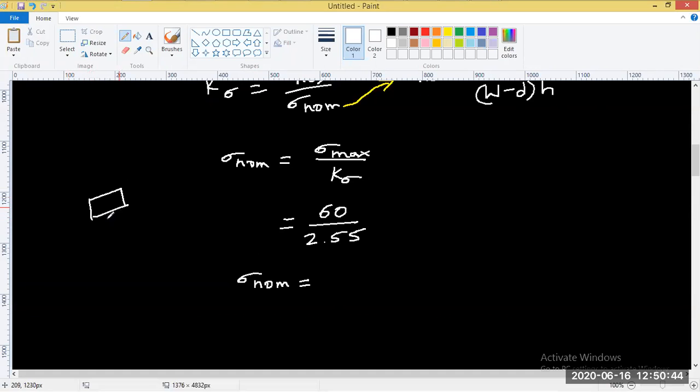So I have my hole like this, and this is the cut portion of the plate. What stress is being applied at this area? That is the nominal stress.